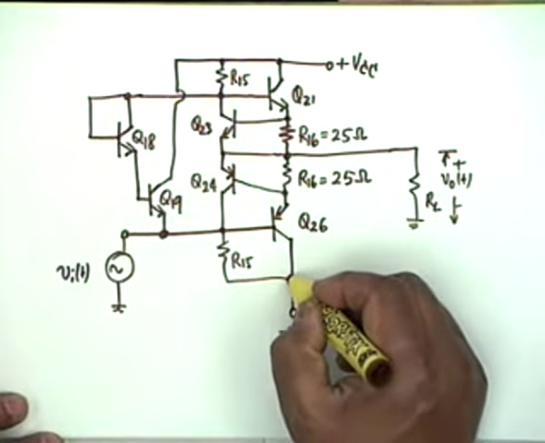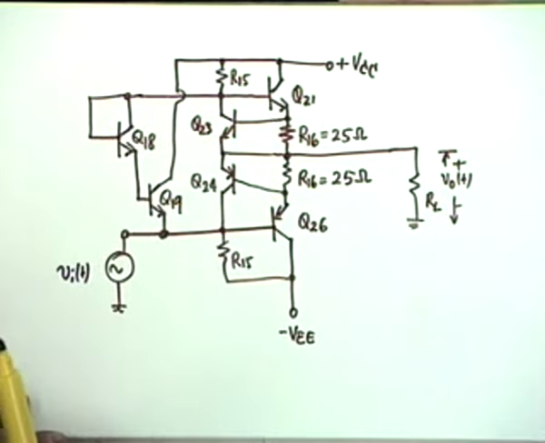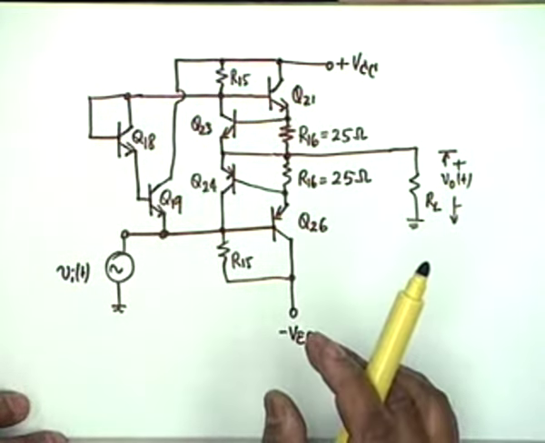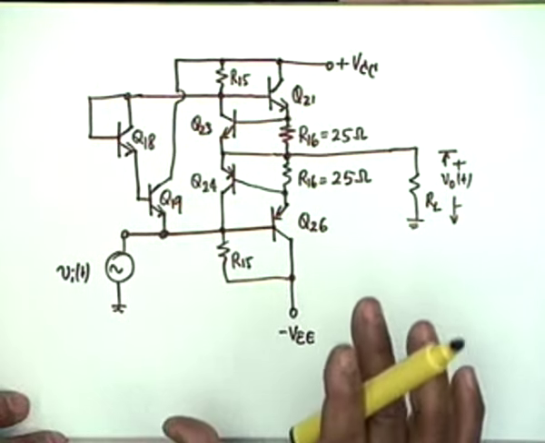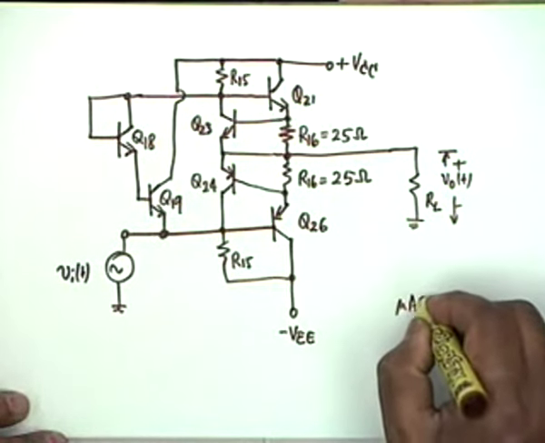VCC and VE are usually identical. Why is this R15? To be able to drive this transistor, the PNP transistor. This is the actual circuit of the output stage of a mu A 725 amplifier, what goes on inside the 725.